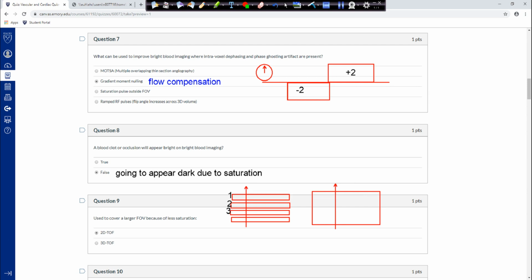Third slice here. And then our fourth slice here. So that we're going countercurrent to the flow. Co-current is where we would have slice 1, 2, 3, 4 that goes with the flow of blood. But that produces more saturation.